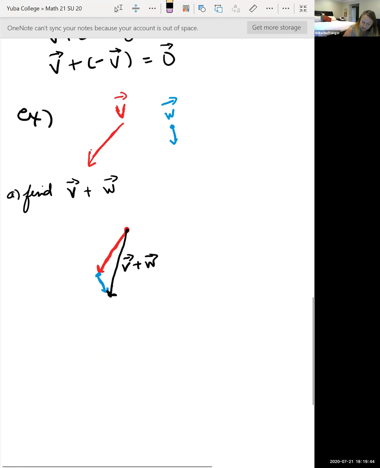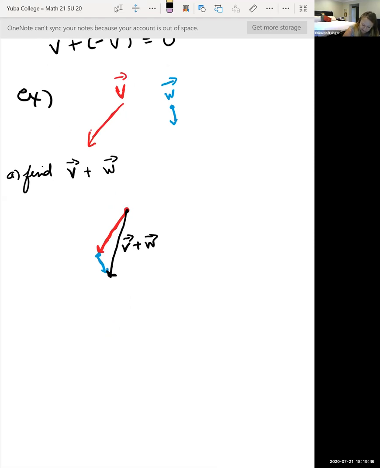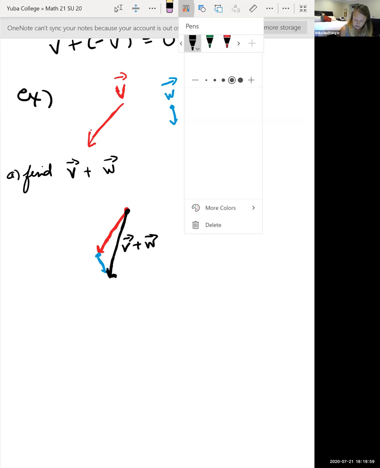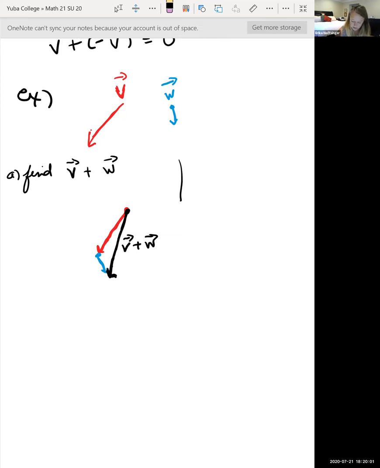So notice that we'll find that also when we do w plus v. So our vector will look almost identical to this. So part B, let's find w plus v.